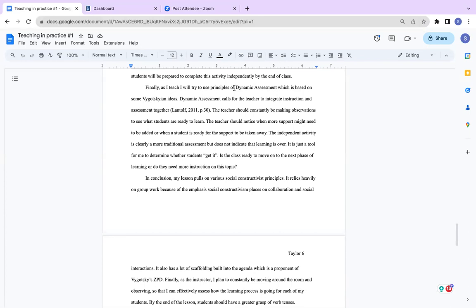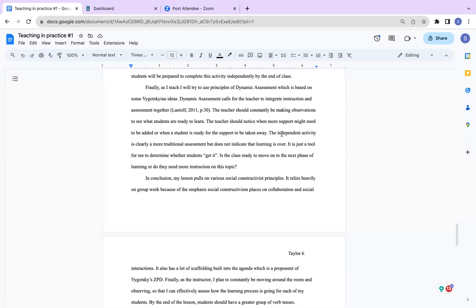Instead, as I'm teaching the mini lesson, as I'm walking around the room during the group activity, I'll constantly be listening and assessing and trying to figure out what students are ready to do on their own, what supports they might need, or what supports might be taken away. How can I make this activity meaningful and beneficial for every student in the room, no matter where they are in their language learning journey?